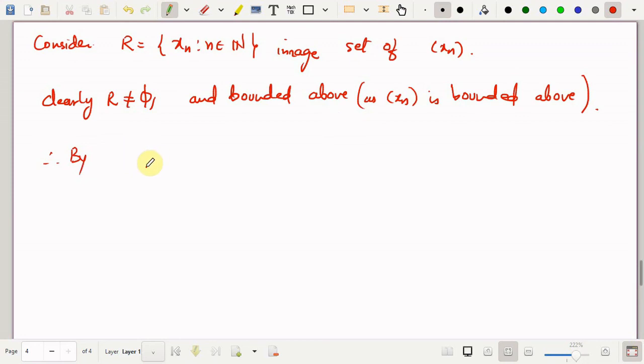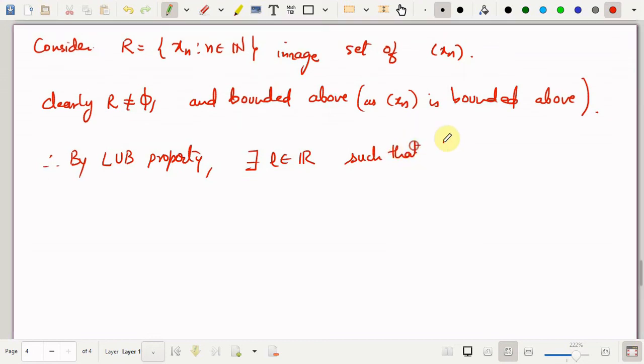So by the LUB property, there exists an element which acts as the supremum for this set, such that the supremum of R is the number L.